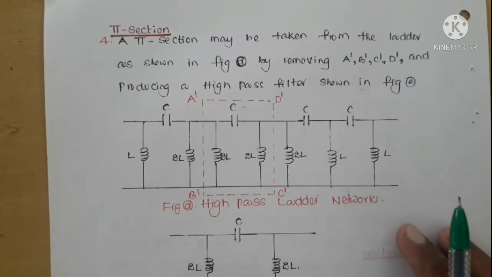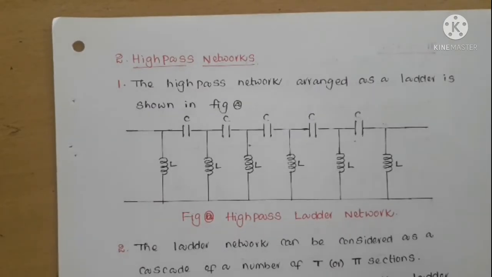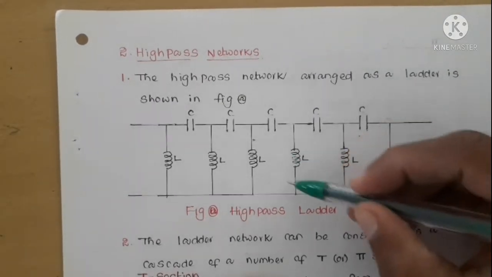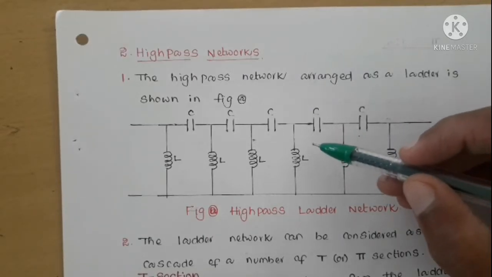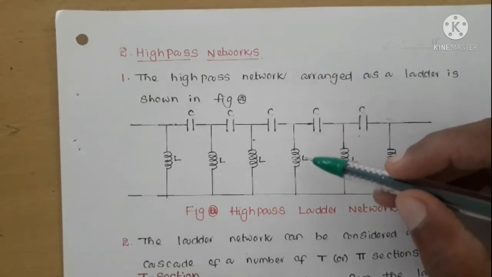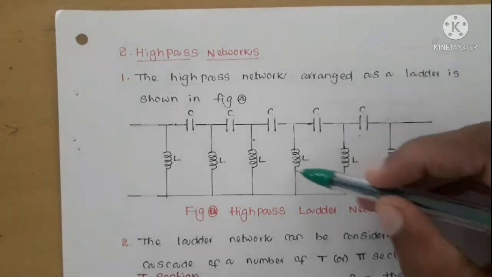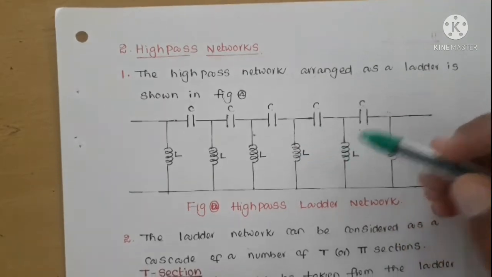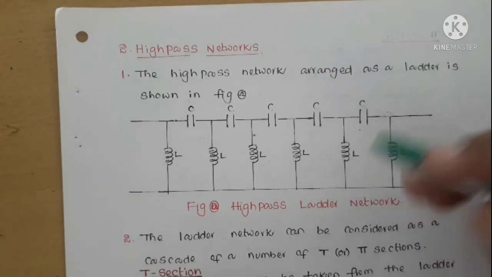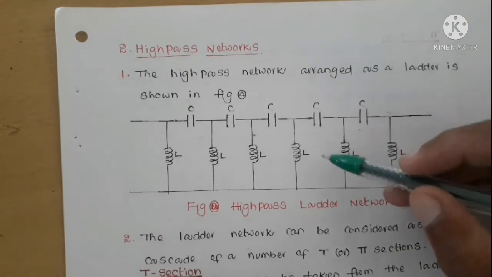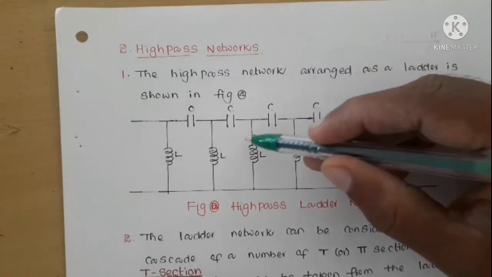To represent this in the form of a pi section, we have to split this inductor into two inductors connected in parallel, whose net value should be L. If you take two inductors instead of one connected in parallel, each inductor value becomes 2L. 2L and 2L connected in parallel becomes L. In that way, we can split this inductor.